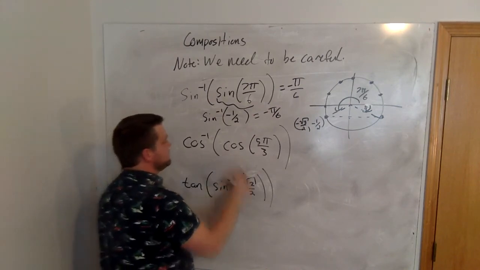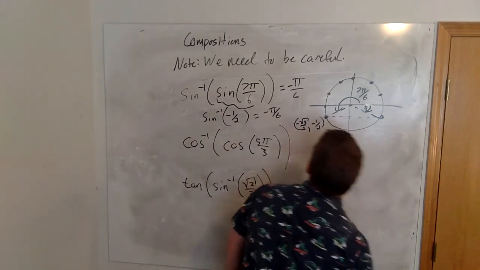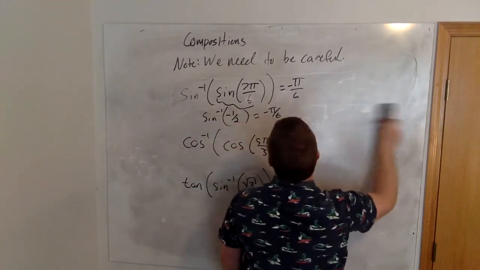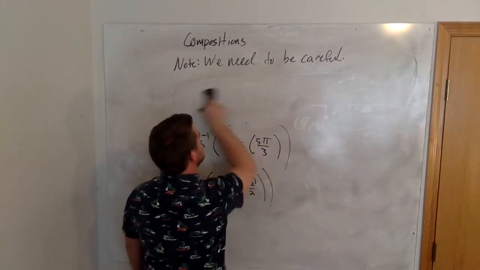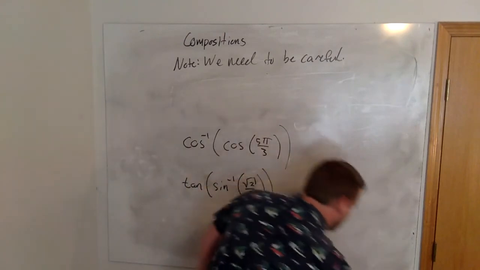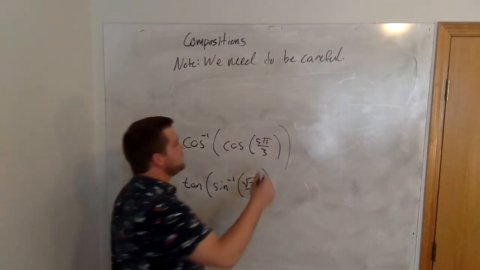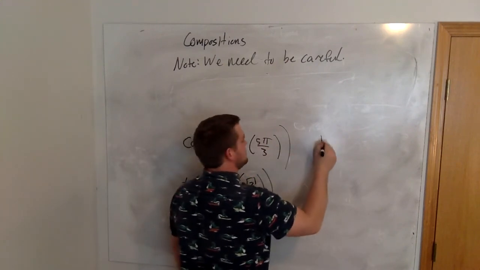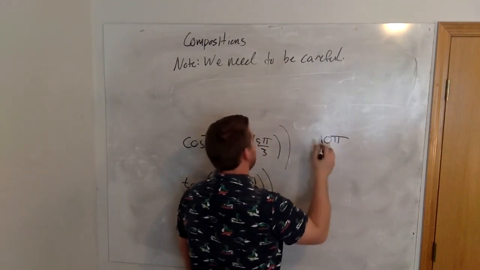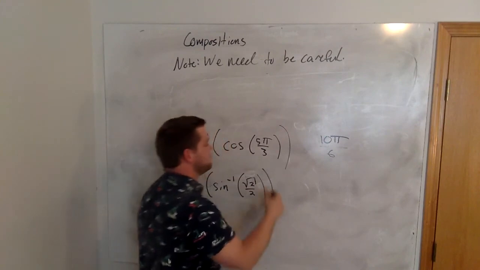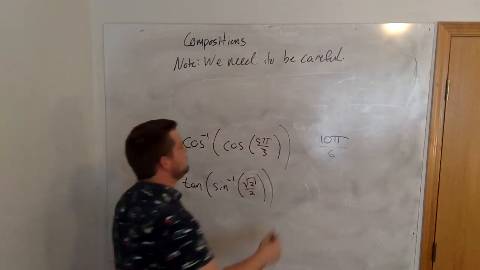Let's do the cosine. So I have 5 pi over 3. Where are we on the unit circle? If you would like, you could think about this as 10 pi over 6. I'm just multiplying top and bottom by 2.